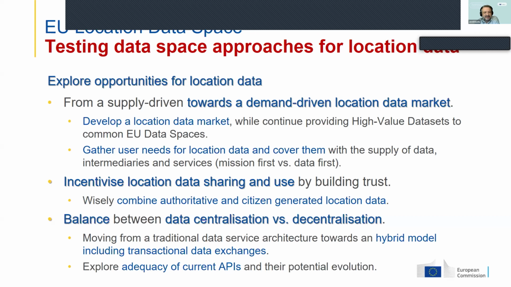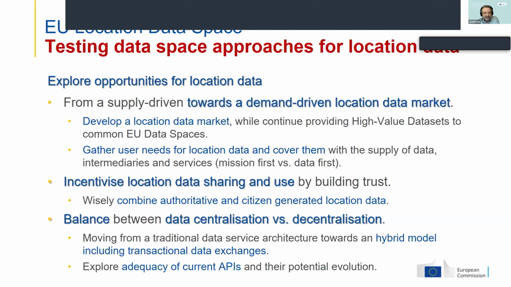And for this, it is super important to gather user needs for location data and cover them. So think about the mechanisms in order to capture these requirements with data supply, with potential data intermediaries and services, so that we go from putting the mission first and not the data supply first.